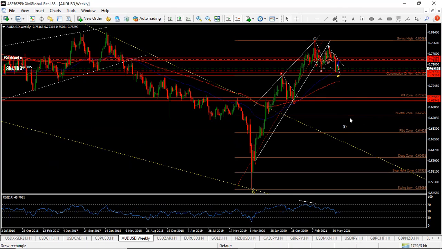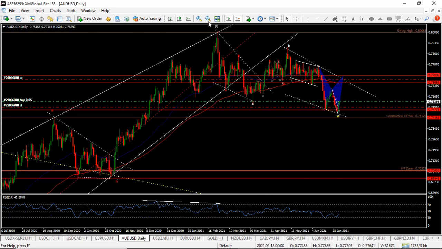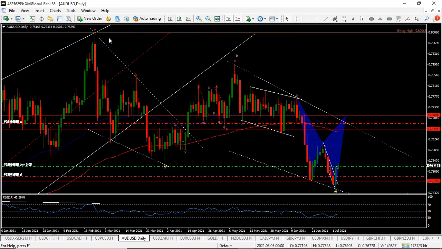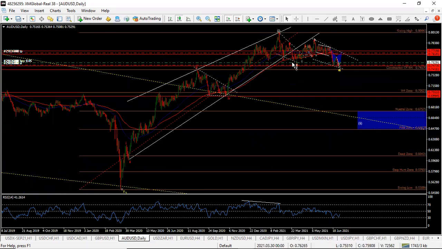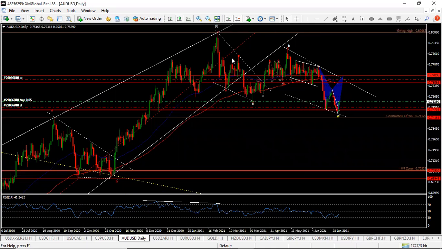Our zone is this one from the weekly time frame. So it must come in this area. That's what we're seeing from the weekly. Now when we go to the daily, what are we seeing? After 1, the market gave us A, then B. So now we're trading C. Actually, we're still in B leg.